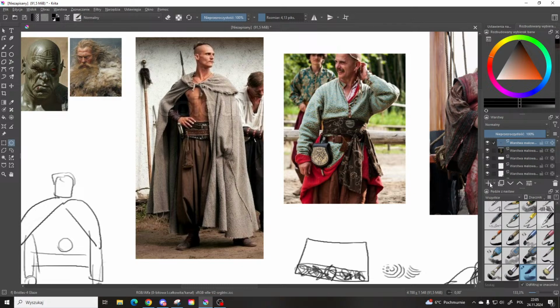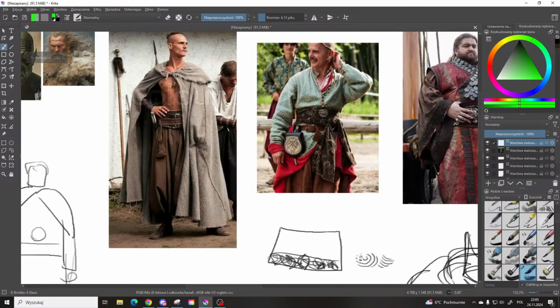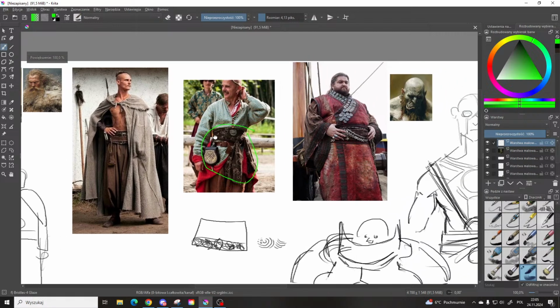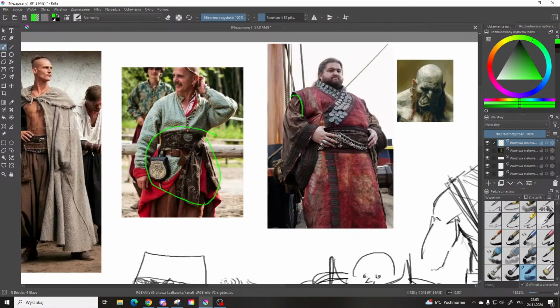So I'm gonna make a new layer and mark with just green color what I like in particular designs. This one I like the belt. This one I like this rope, I guess. Is this rope? I'm not sure what the name is.